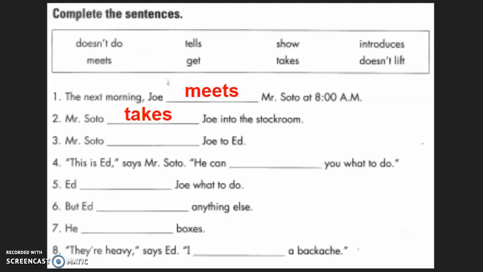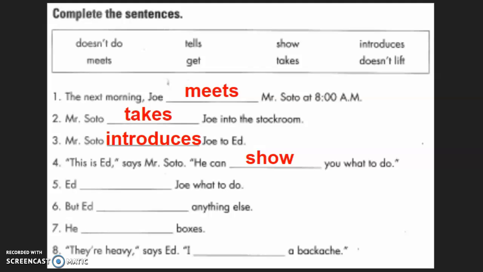Number 3. Mr. Soto, Joe to Ed. Introduces. Mr. Soto introduces Joe to Ed. Number 4. "This is Ed," says Mr. Soto. "He can you what to do." Show. "This is Ed," says Mr. Soto. "He can show you what to do."